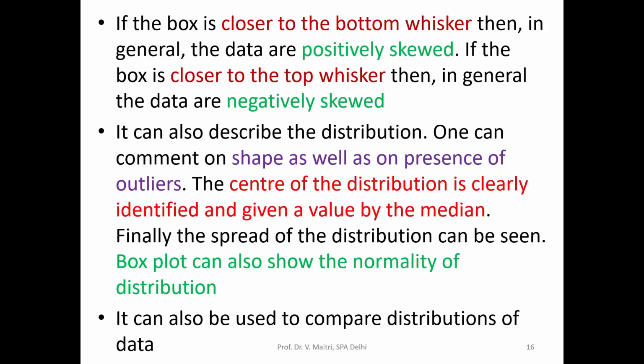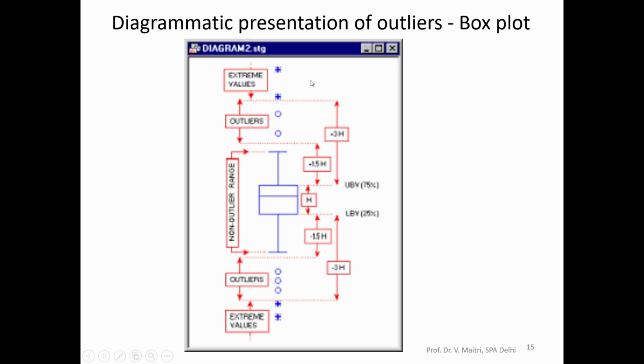If the box is closer to the top whisker, then it is known as negatively skewed. Here it looks like everything is at equal distance, but in real life it may not be. In real life this may be very short, because it depends upon what type of data we are having and how concentrated the data is.